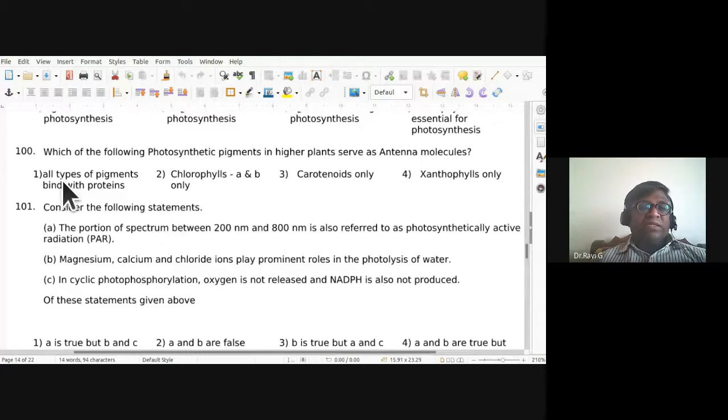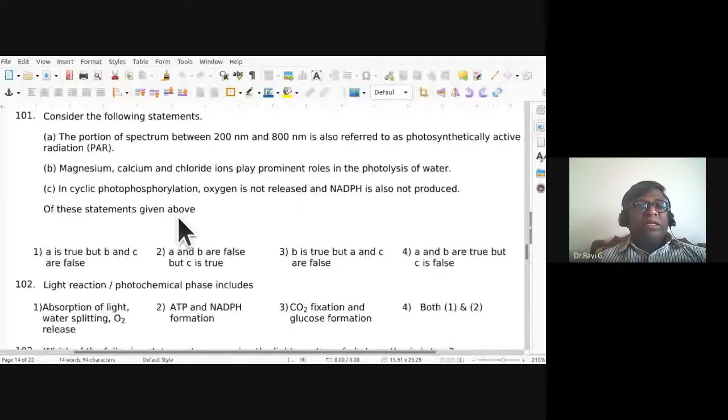So the answer is, all types of photosynthetic pigments which bind with proteins in higher plants serve as antenna molecules. They should bind with protein. So all types of pigments which bind with proteins are going to serve as antenna molecules. So first one is the right option.